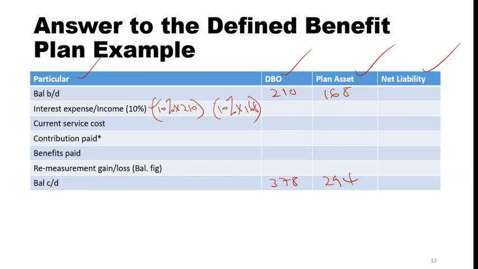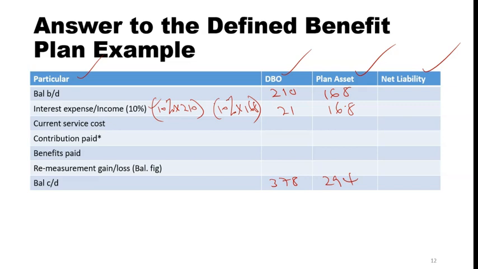Okay, so for the DBO, 10% multiplied by 210, that's 21. Okay, this increases the DBO. All right, it increases the defined benefit obligation. Okay, and it also increases the plan asset. Okay, that's 10% of 168.